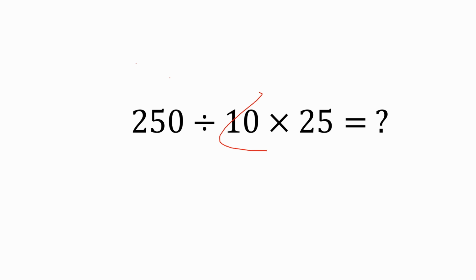So you'd have parentheses around the 10 times 25. So then it would be 250 divided by, and then you do the 10 times 25 in the denominator, so it would be 250 divided by 250, which would give you the answer of 1.